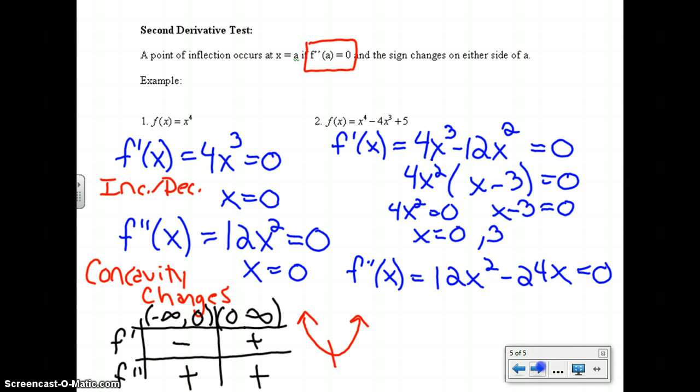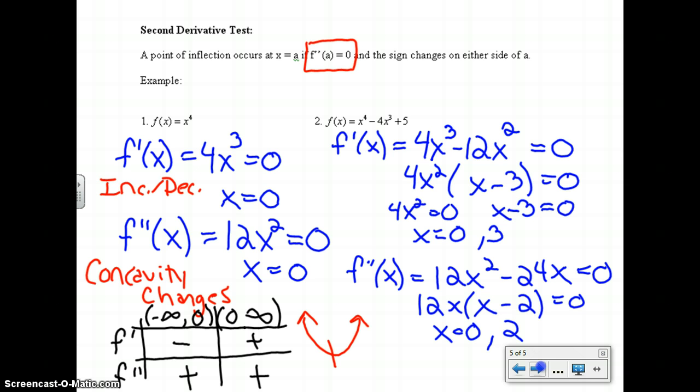So if I set my second derivative equal to 0, I can factor out 12x, and I'm left with x minus 2. And that allows me to have a change in concavity at 0 and at positive 2.